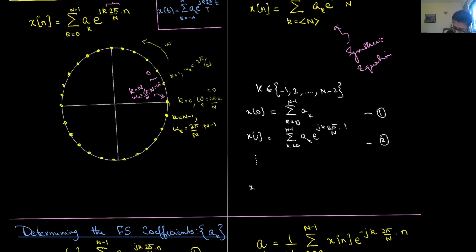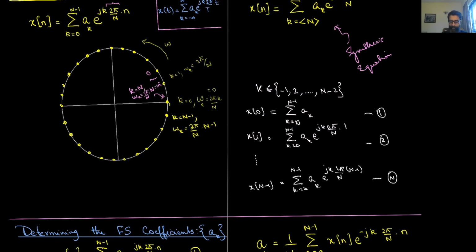So x of n minus 1 would be the summation k equals 0 to capital N minus 1 of a sub k e raised to j k 2 pi by capital N times n minus 1. And this would be equation number n. There are capital N equations and capital N unknowns.